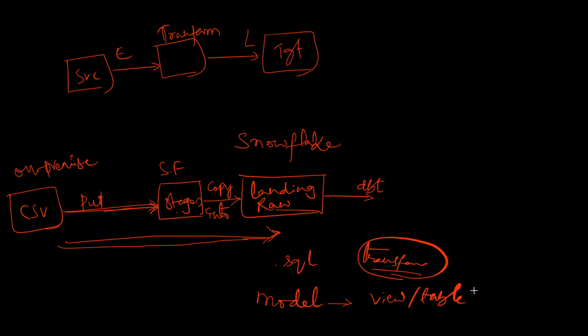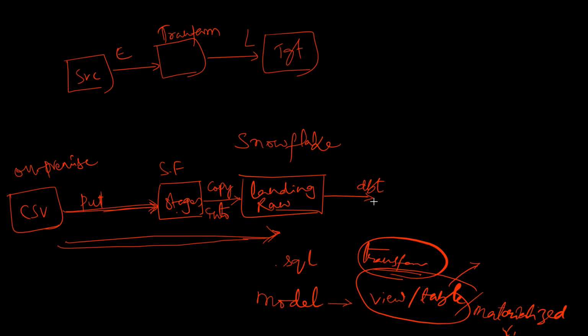Based on the materializations that we give within the model, DBT will create either a view or a table. There is another materialization also, the materialized view, which, as you know, exists in any database.